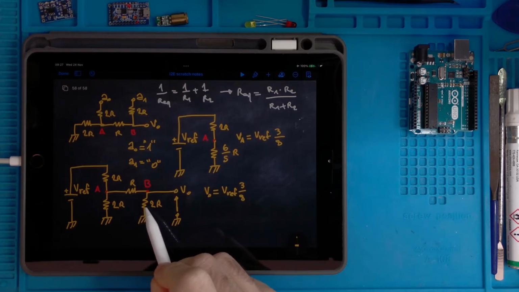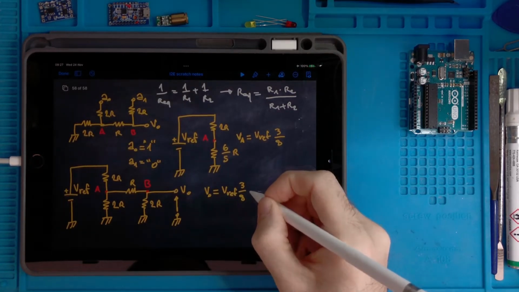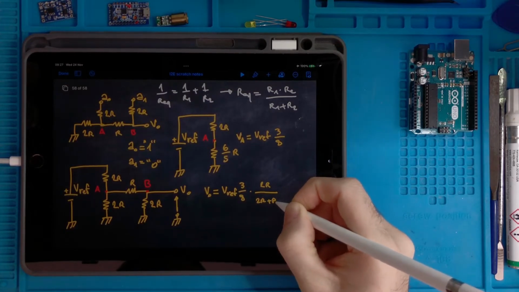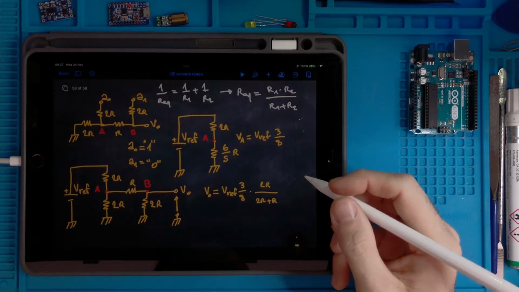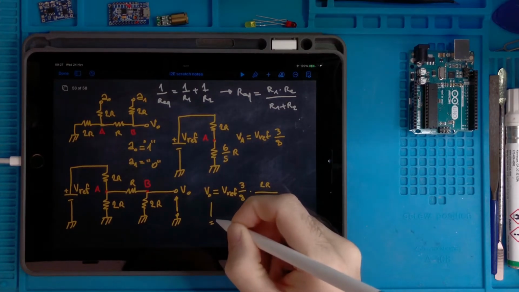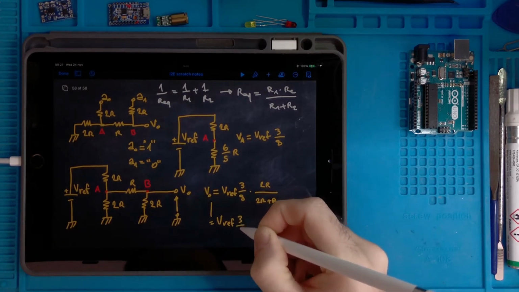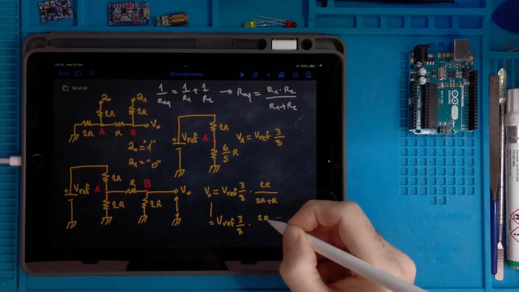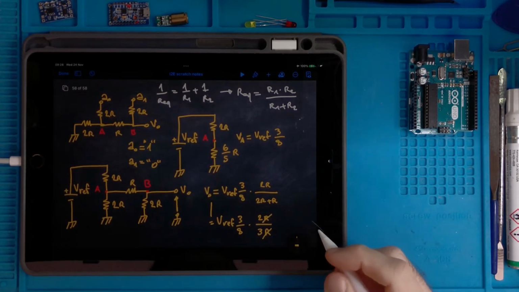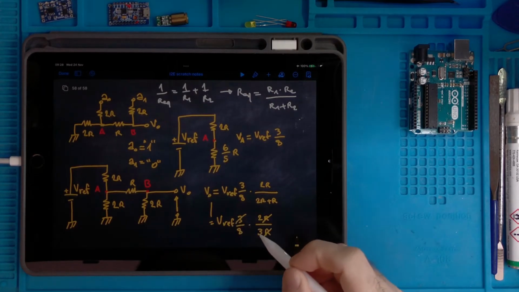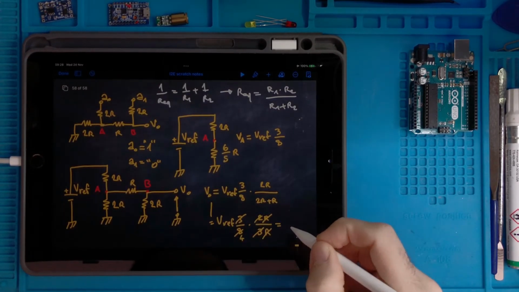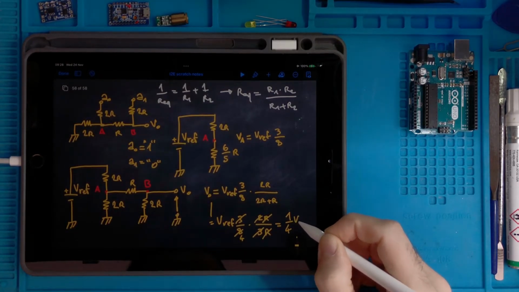So this resistor divided by this plus this, 2R divided by 2R plus R. So it's V ref 3/8 multiplied by 2R divided by 3R. This goes away, then this goes away, and this is 4, so it's 1/4 V ref.